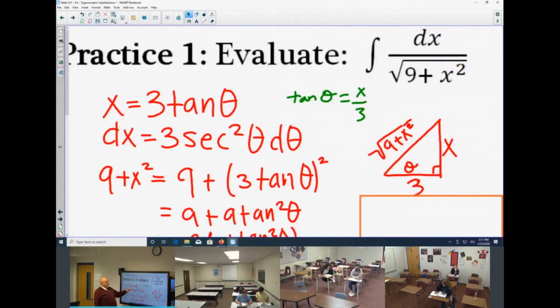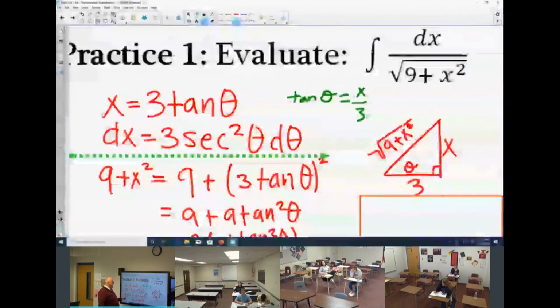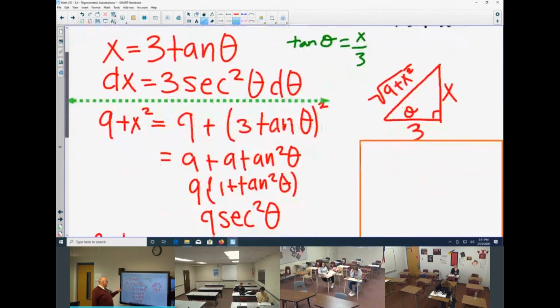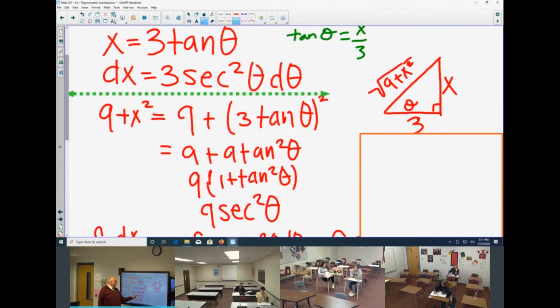So now you focus on the denominator here. 9 plus x squared is 9 plus 3 tangent theta squared, or 9 tangent squared theta. Factor out a 9, and then 1 plus tangent squared is secant squared.